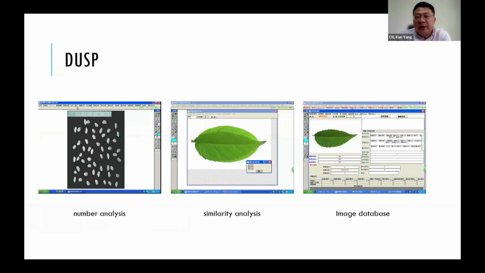Number analysis is a very basic function, and similarity analysis. This is what I mean: put two leaves together, and we can get a similarity rate. And we also have an independent image database to manage all the image data. Next.